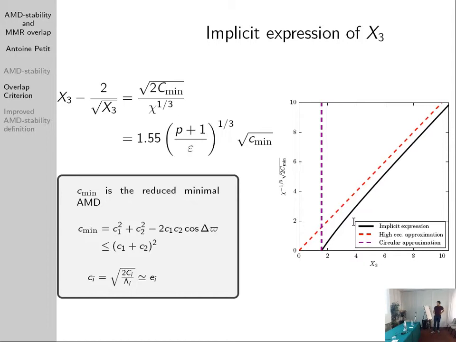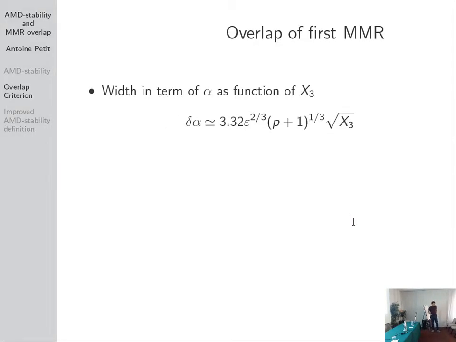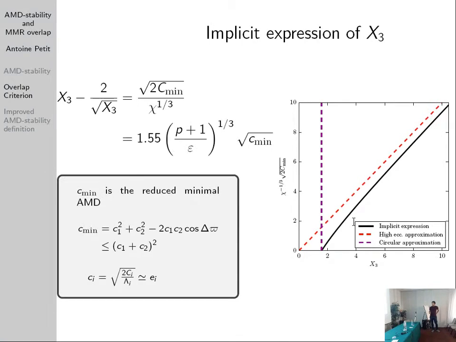And we have this curve as an expression of x3 and this quantity. So now how can we use this curve to derive an overlap criterion valid for all eccentricities?